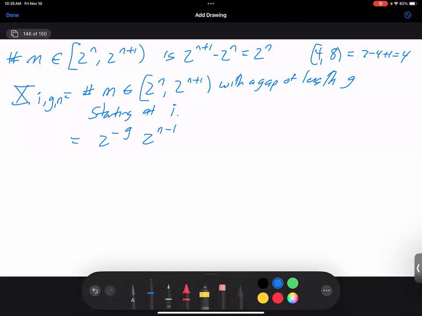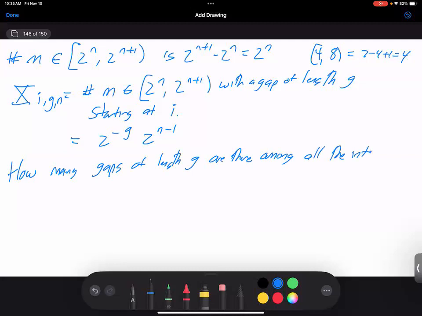So how many gaps of length g are there among all the integers? We just found a formula for how many integers have a gap of length g that starts at i.